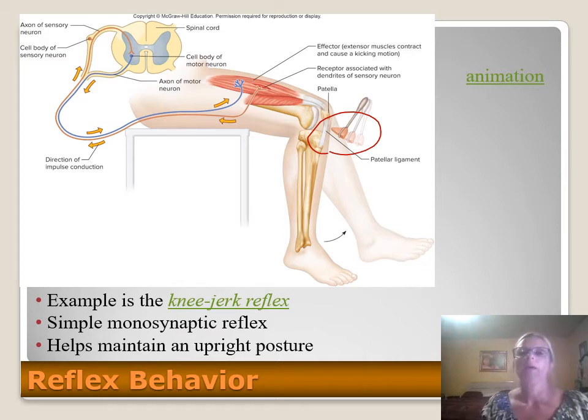Okay, and that is going to cause your quadricep muscles to be pulled, and that triggers stretch receptors, which send impulses on to another unipolar sensory neuron, and that causes that knee jerk response to occur. Okay, so if you'll notice, these are color coded. This is a simple monosynaptic, which means one synapse, reflex.